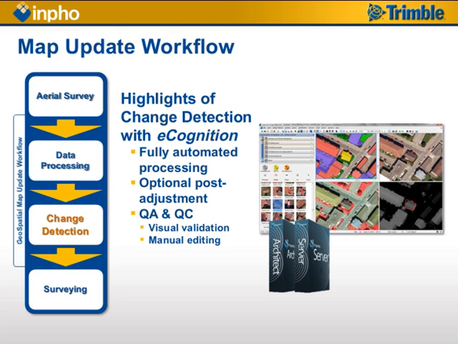There is an optional post-adjustment possible, so whenever your imagery looks a little bit different than in the project before, for example the radiometric values changing a little bit, you can easily adjust those settings, and you immediately see how your classification is changing. And then, of course, you need some tool to visually check and edit your classification result. Let me zoom into that a little bit.